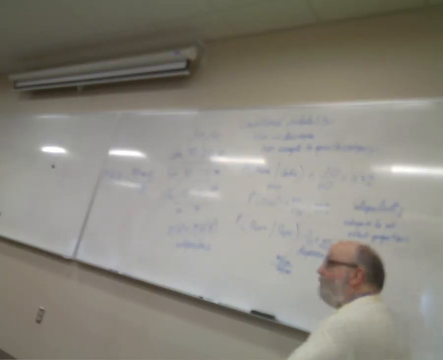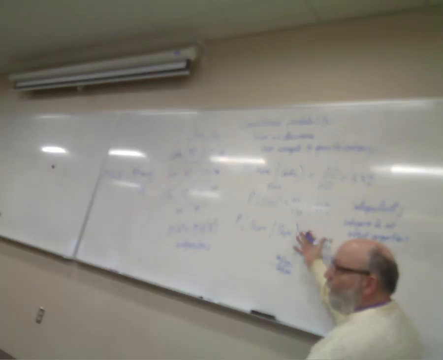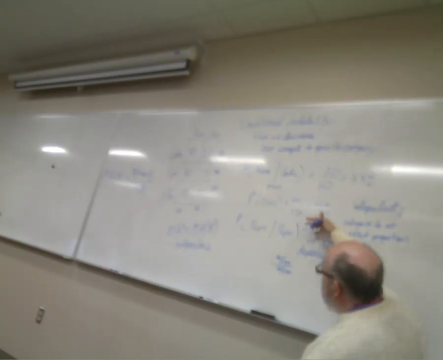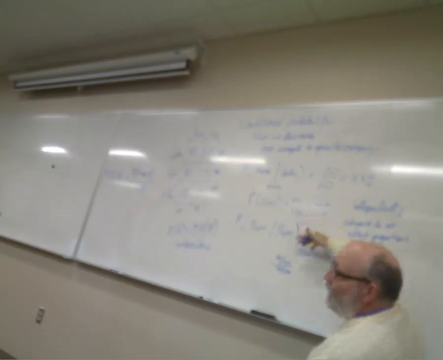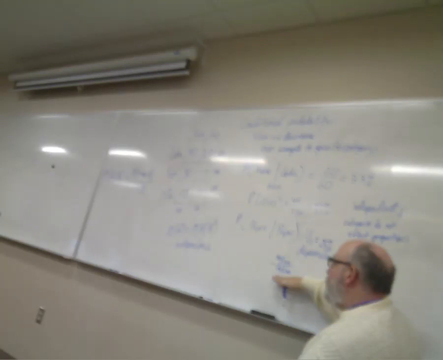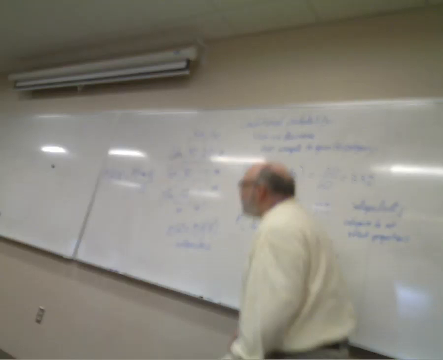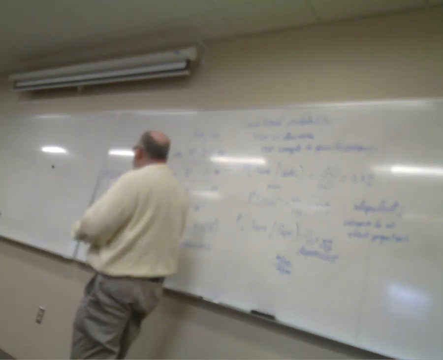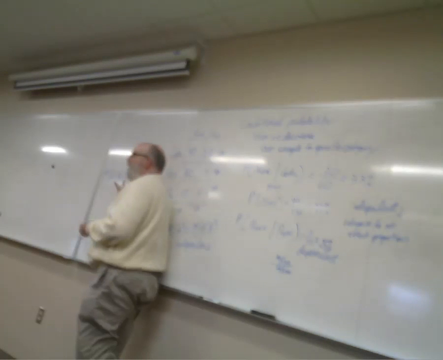That's the same as 10 over 40. So I can either look at the number of people in those categories, or I can use probability numbers. So this formula also works.